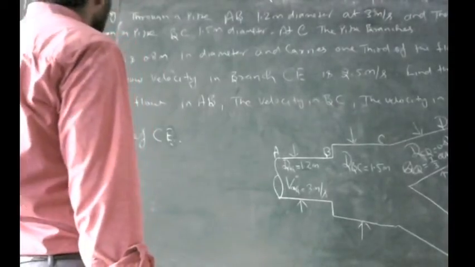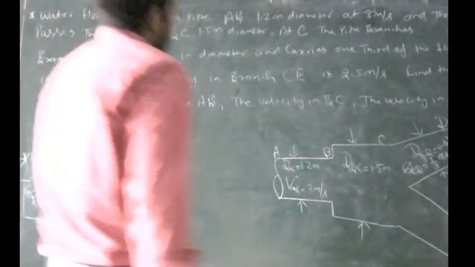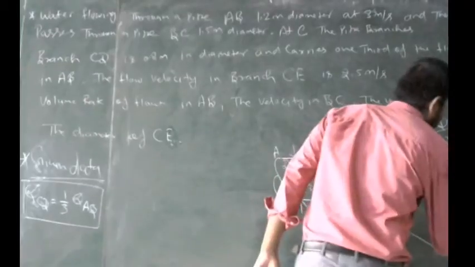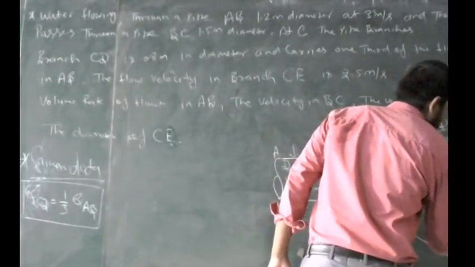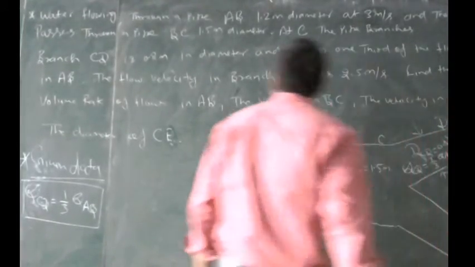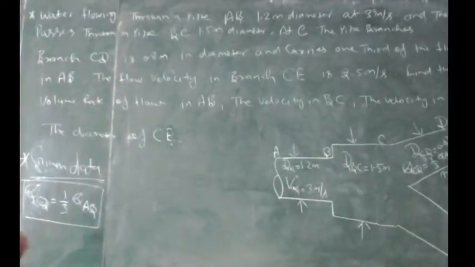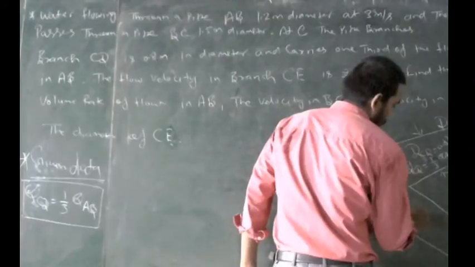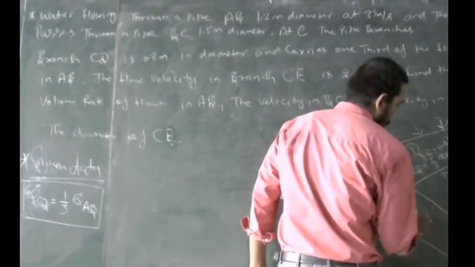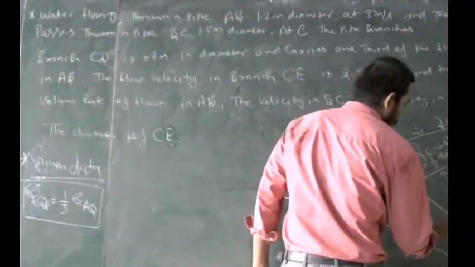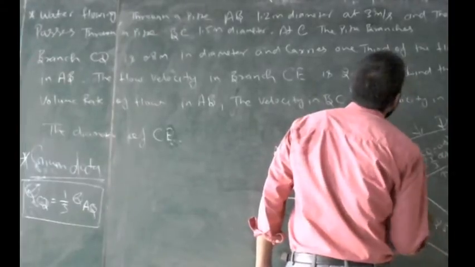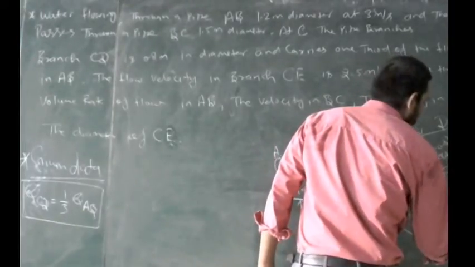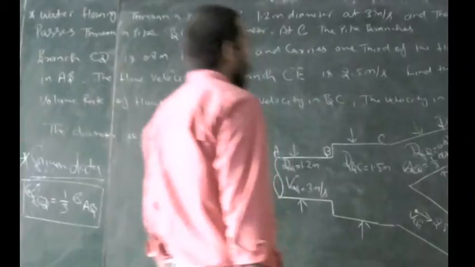The flow velocity in CE is 2.5 meter per second.